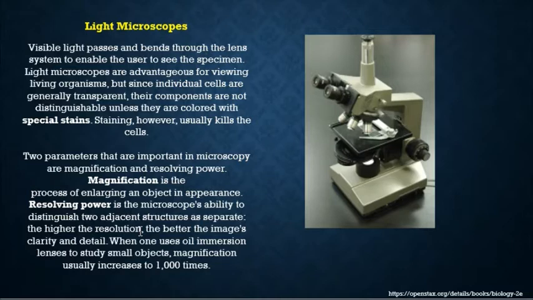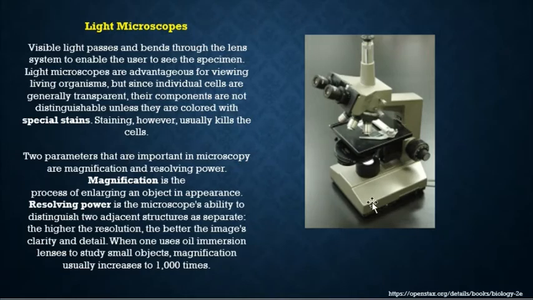Similarly, in microscopes that have high resolving power, the cells or any other images appear very sharp, focused, crisp and clear to look at. So the resolving power is the microscope's ability to distinguish two adjacent structures as separate. The higher the resolution, the better the image's clarity and detail.